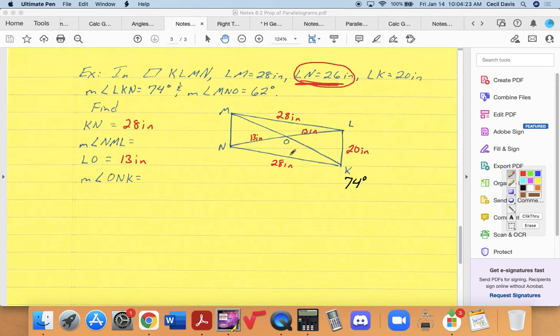And then they also tell us that angle MNO, this angle is 62 degrees. All right, then they ask us for the measure of angle NML. Oh, they just want this whole angle. How much is that going to be? 74.